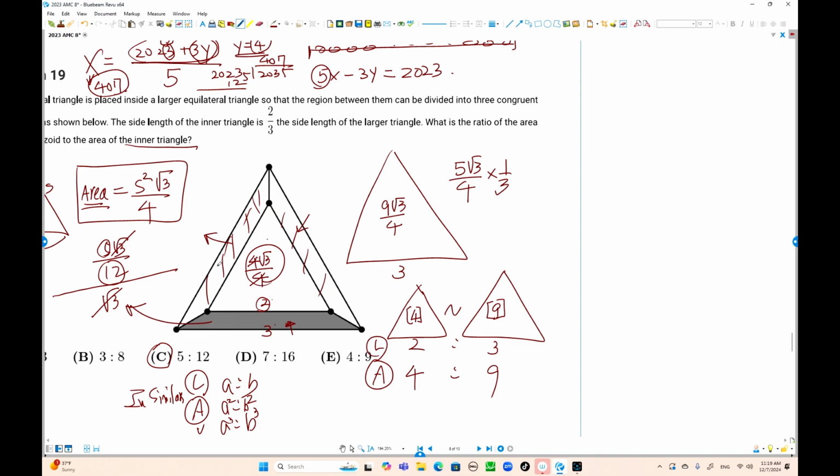What is the area of these 3 trapezoids? 9 minus 4 is what? 5, isn't it? But each one is divided by 3. 3 over 5. This area is 3 over 5. Inner area is 4, isn't it? Inner area is 4. Let me see.